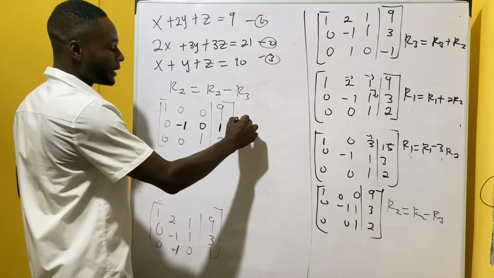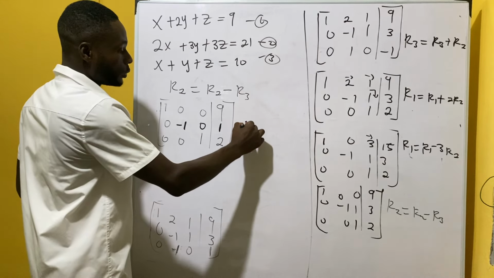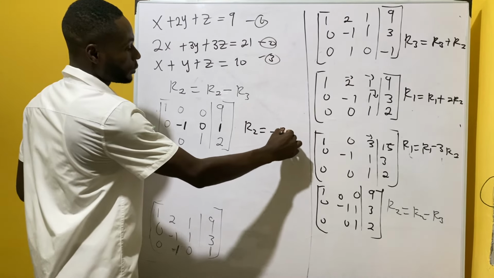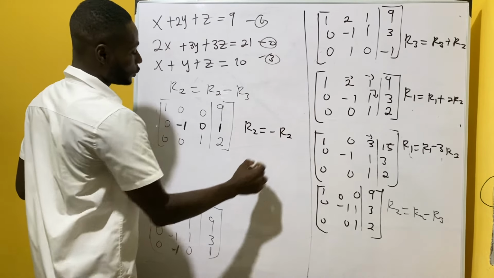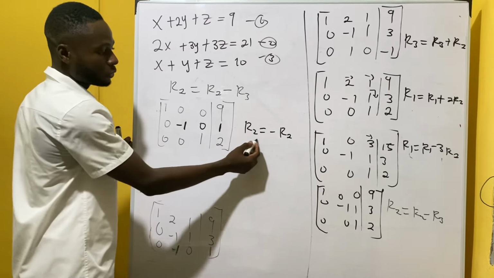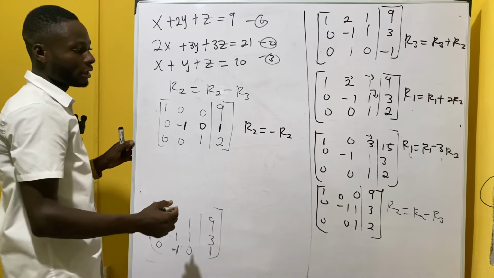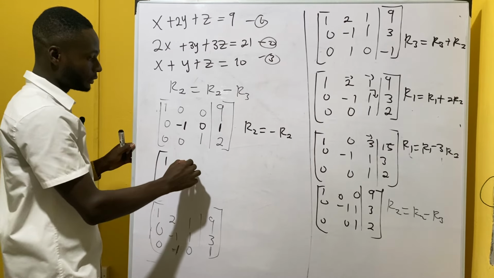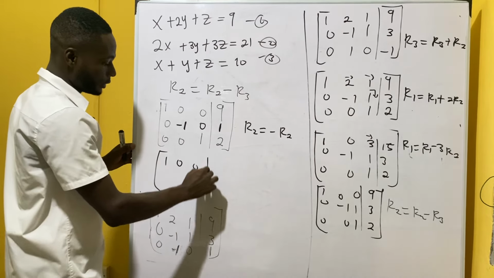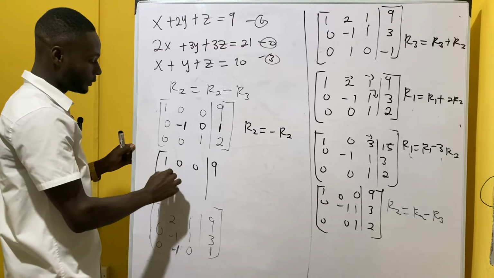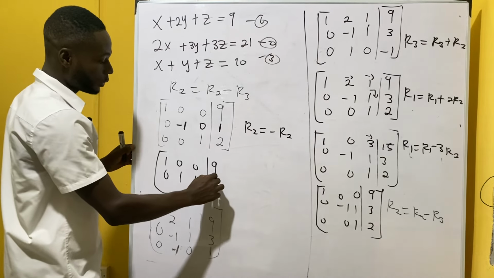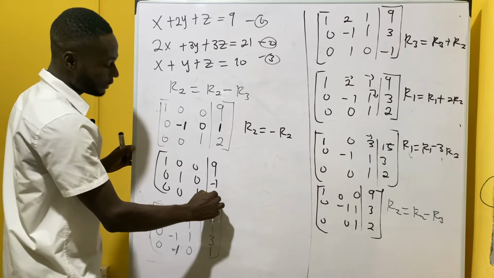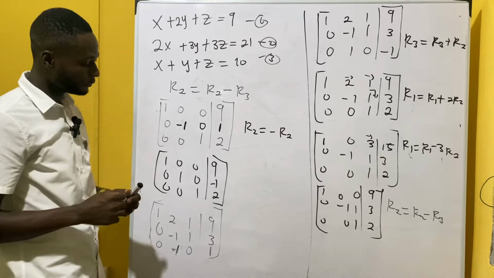So row 2 is equal to negative row 2. We are going to have 1, 0, 0, then our 9, then 0, 1, 0, 1, negative 1, and then 0, 0, 1. Then we have 2 right here.